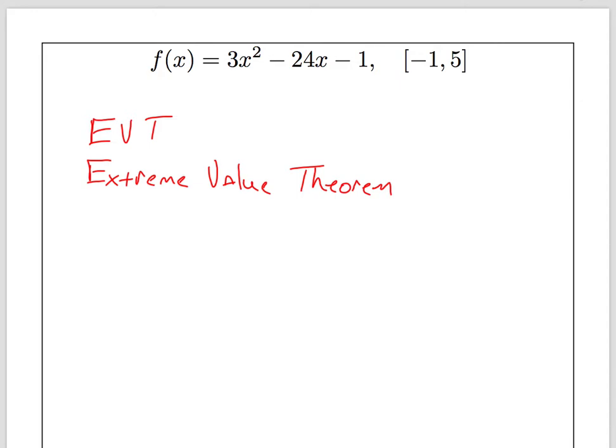EVT stands for the extreme value theorem. Here's what the extreme value theorem says. If you're continuous on a closed interval, you're guaranteed to have a max and a min. So if I have a closed interval and I'm continuous, I'm guaranteed to be able to find an absolute max and an absolute min.